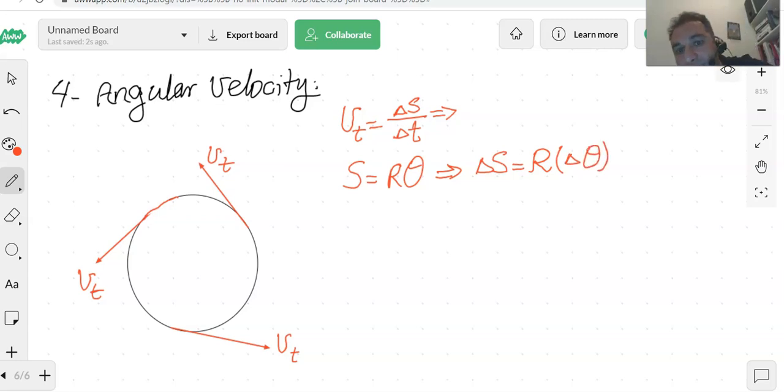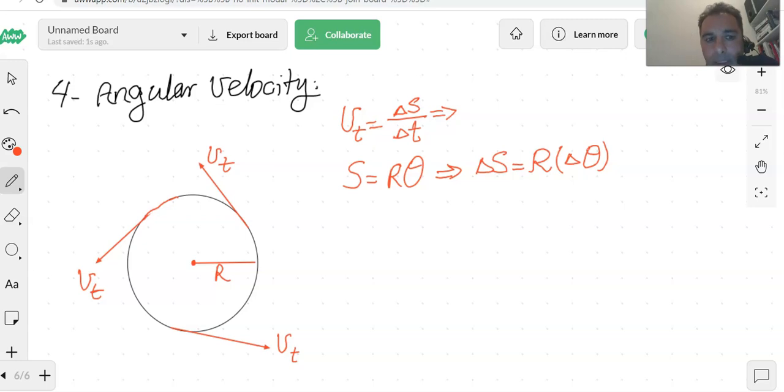Why? Because R is constant, the radius of the circle, of course, it is constant. Correct? So this is radius, but the angle can change because the angle can be smaller or bigger.